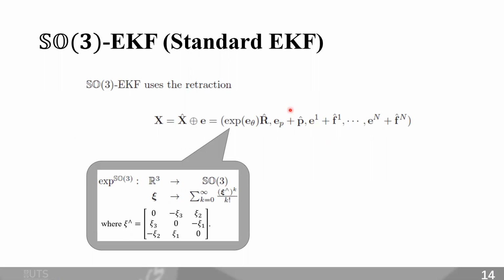You can see that the position parts are linear. But there's no free lunch. This linearization cannot maintain some invariance of the SLAM system and performs badly in terms of convergence and consistency. This will be discussed later.